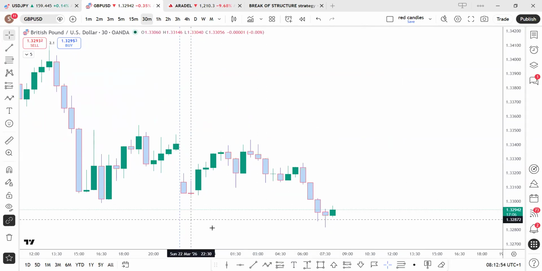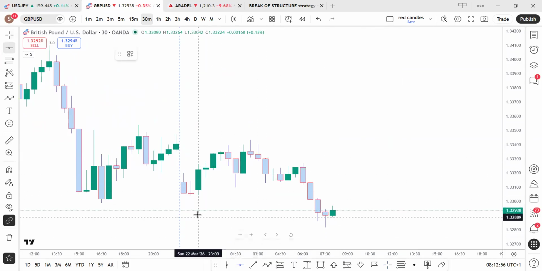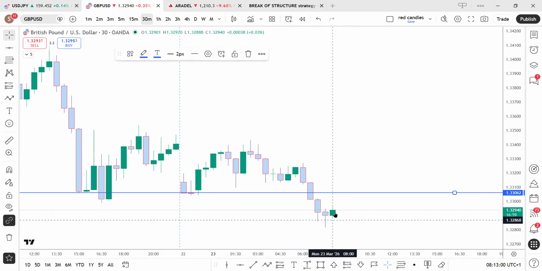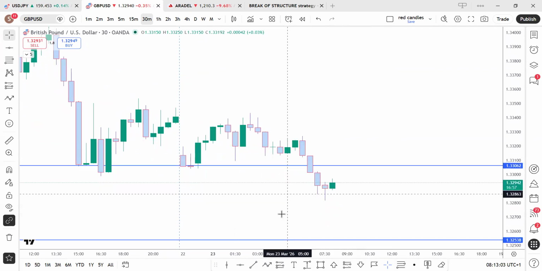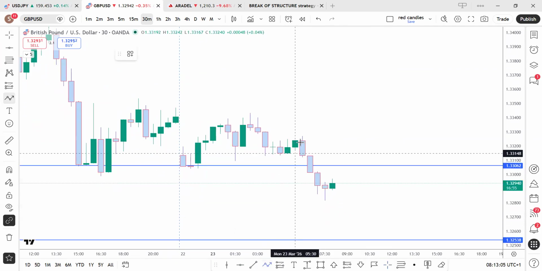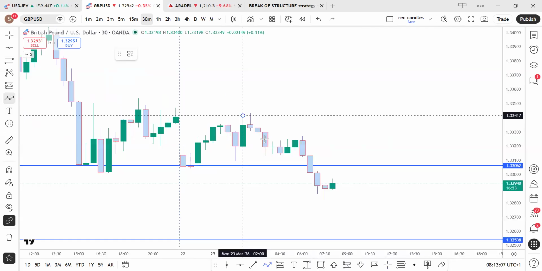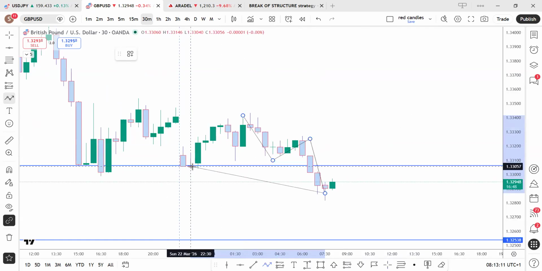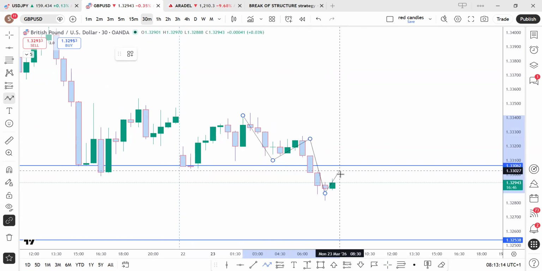All right, so this one too. We can even mark something like this. It's broken that structure. Now it's coming back up. So let's see what price does here. If you start from somewhere here, you push down, push up, break this low here. So what we're expecting is a pullback.